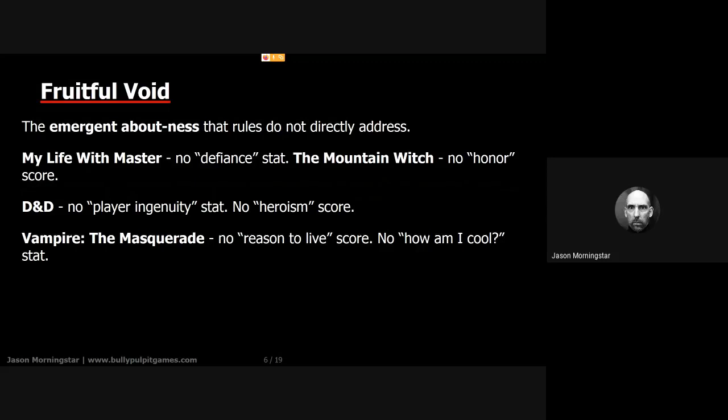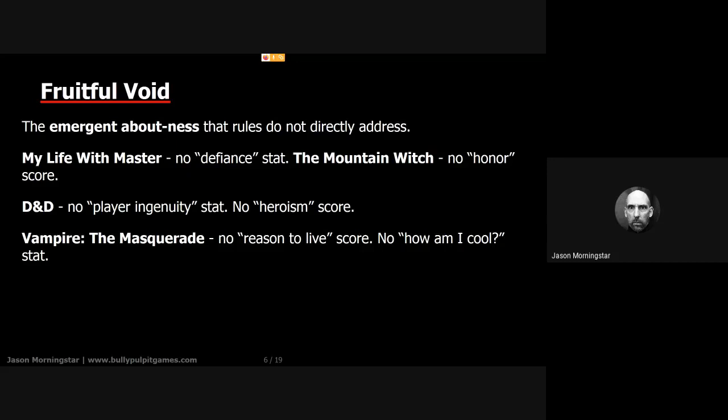So if you're familiar with some of these games, you'll recognize this. My Life with Master, which is all about defiance. It's about defying an unreasonable and evil master. It doesn't have a stat that tells you how good you are at defying the master. The Mountain Witch, which is a game all about honor, doesn't have an honor score. There's no way to gauge heroism or player ingenuity in Dungeons and Dragons, but D&D is all about player ingenuity and being a hero.